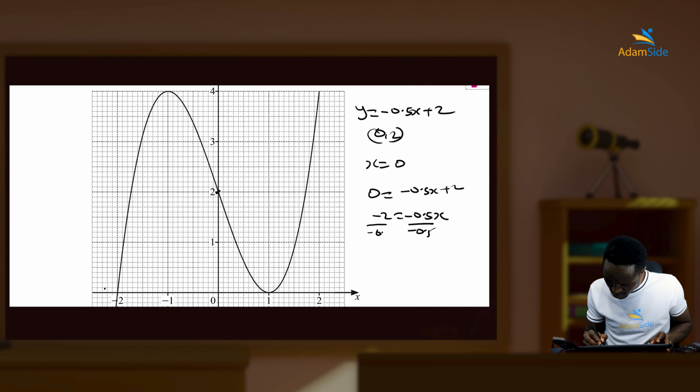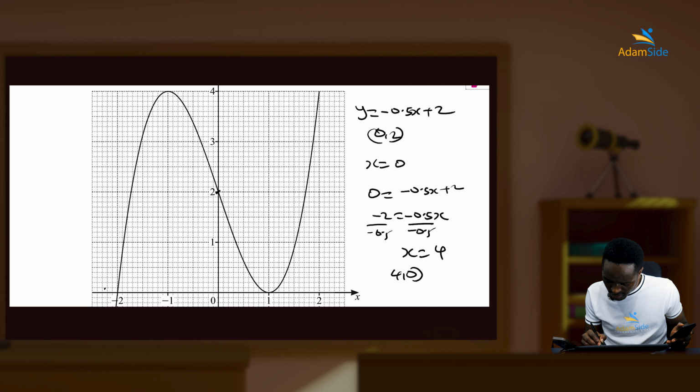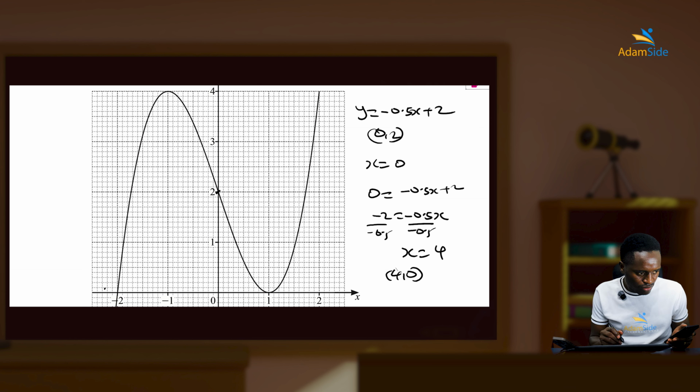Therefore, x is equal to 4, y is 0. But here we don't have 4. You can choose another number because our scale is not into 4. Let's say at x is equal to 2.